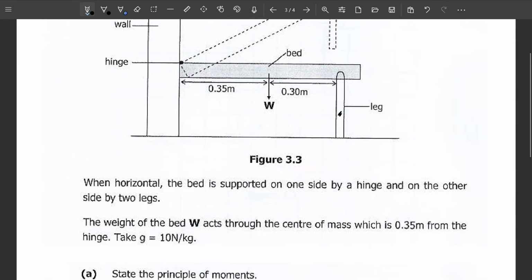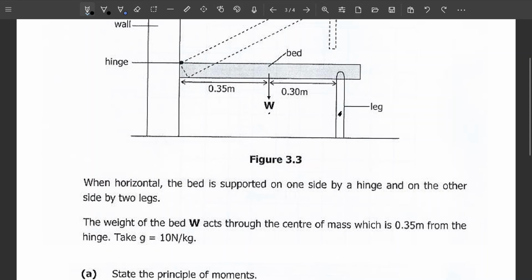Then they're saying the weight of the bed W acts through the center of mass, let me read again. The weight of the bed W acts through the center of mass, which is 0.35 meters. So the weight acts here. This is the weight.